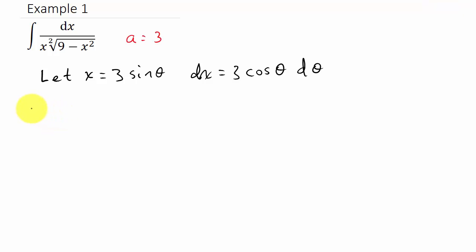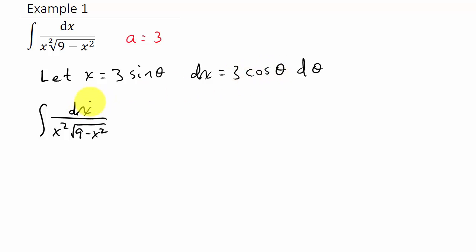Let's go ahead and write our integral back: x squared times the square root of 9 minus x squared. Now all we're going to do is substitute all this in. We'll plug in 3 sine theta for x here and here, and dx is 3 cosine theta d theta.